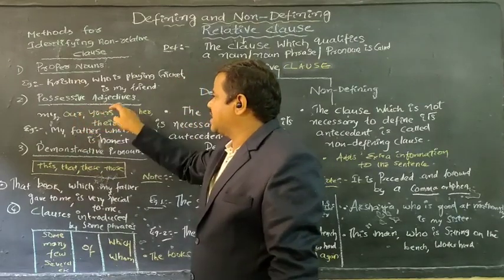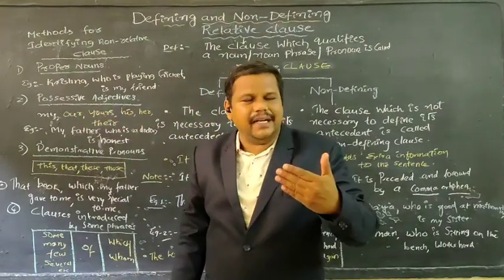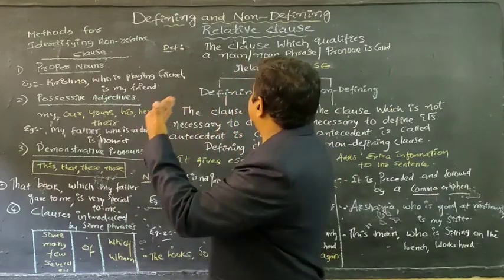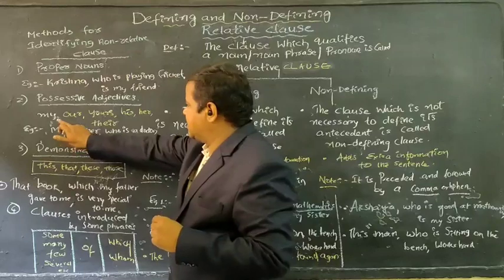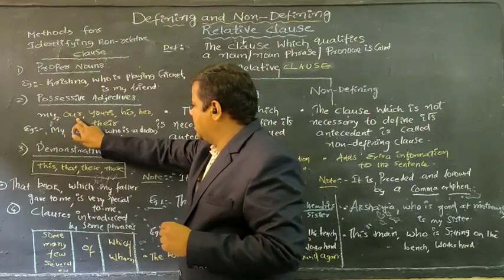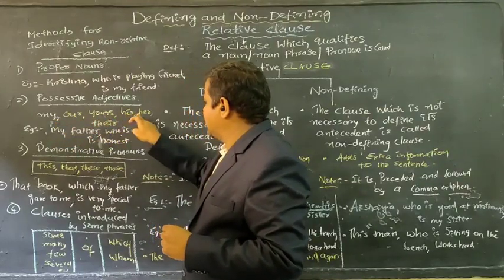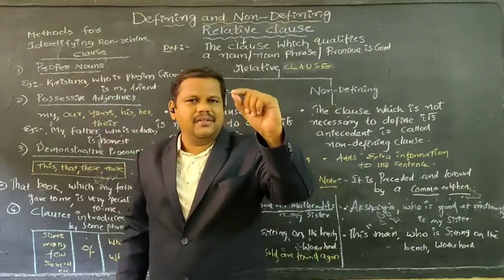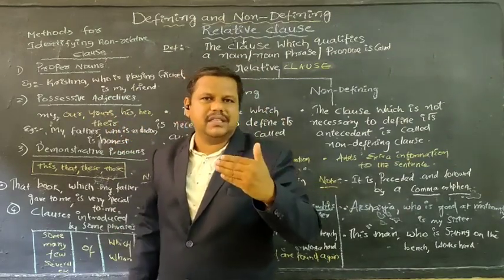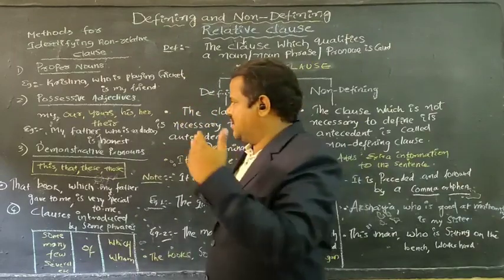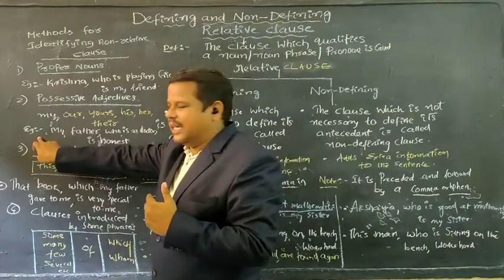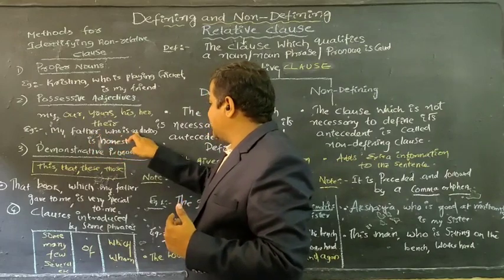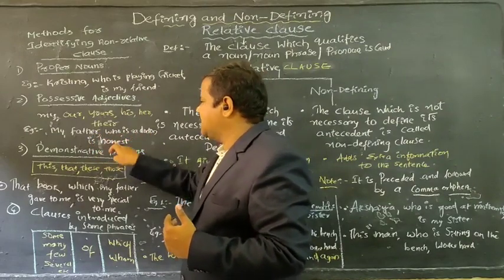Number two, with possessive adjectives also we can write non-defining relative clauses. How is it? My, our, your, his, her, their. I explained in the adjective session the different types of possessive adjectives. Take one example, you'll understand. My father, comma, who is a doctor, comma, is honest.